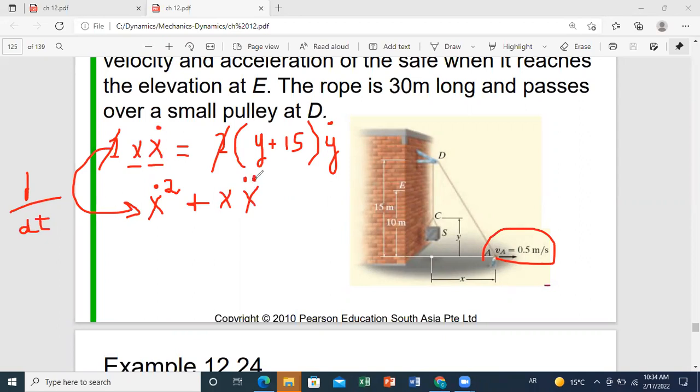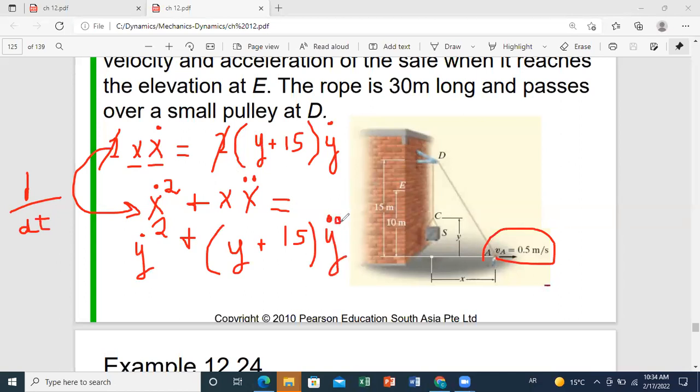This is equal to the other side, where here also you have the product of two functions, u times v. If you derive, u prime is y dot, and since v is also y dot, you get y dot square, plus uv prime, which is y plus 15 times the derivative of y dot with respect to time, which is y double dot.